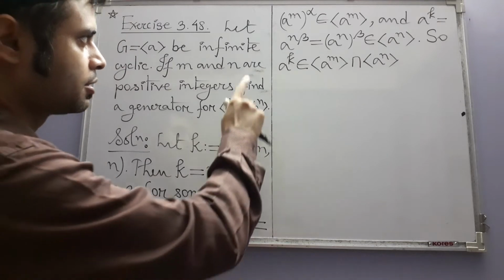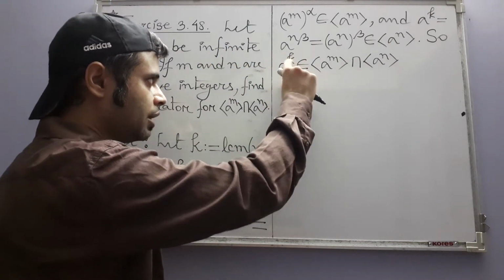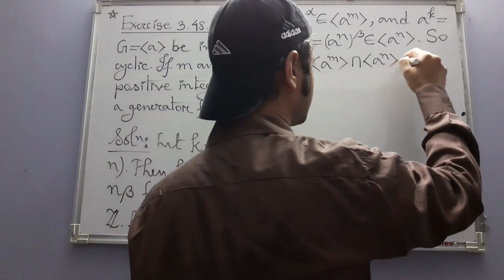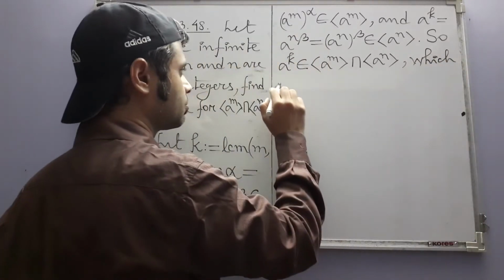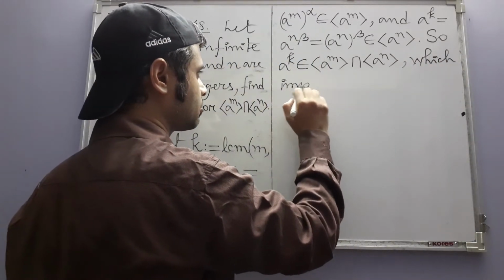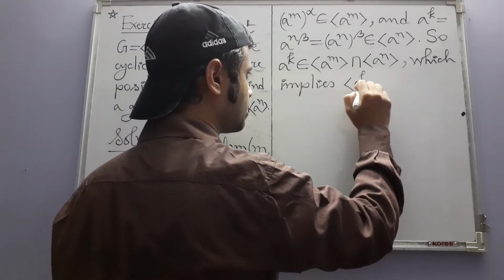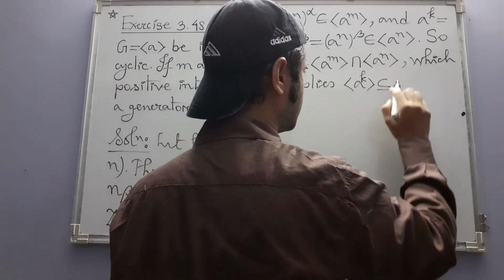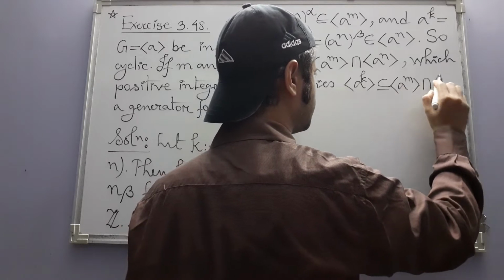In other words, the cyclic subgroup generated by A to the power K will be contained in this, which implies that the cyclic subgroup generated by A to the power K is contained in this.